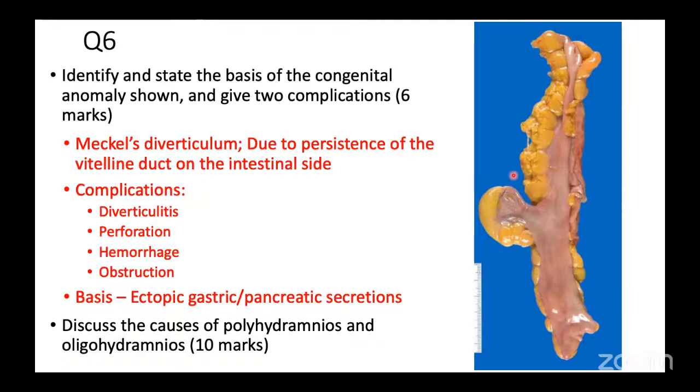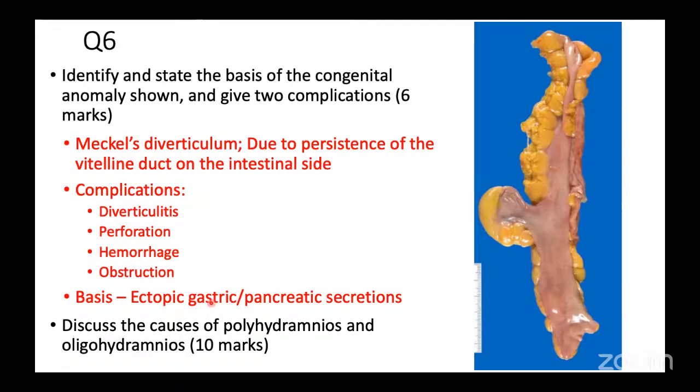They will produce active substances, especially proteinases that will break down the walls, and that can lead to complications: inflammation, diverticulitis, as a result of maybe accumulation of bacteria; perforation due to those enzymes that break down the wall; hemorrhage as well; and obstruction, for example, if food gets compacted here. So these are the complications. The basis is ectopic secretions, and then, being a diverticulum, it's a site where you can have bacterial growth and blocking with food inside.